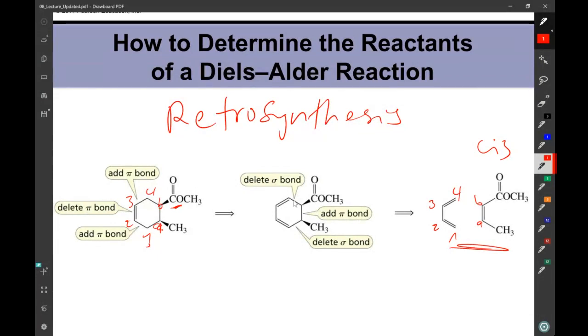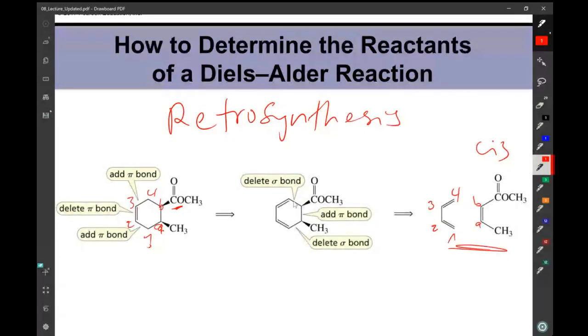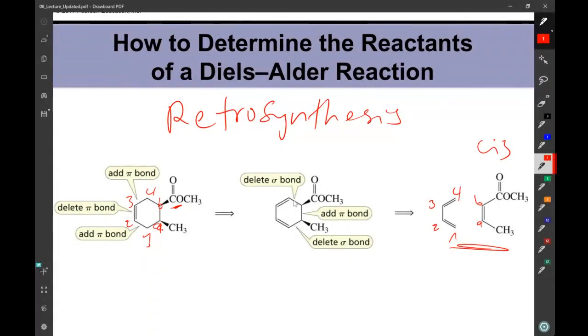If a molecule is locked in the s-trans conformation, there will be no reaction. But if the molecule is locked in the s-cis conformation, the reaction is faster. In the Diels-Alder reaction, an electron withdrawing group on the dienophile activates the reaction and increases its speed. Those are the things we need to remember here.